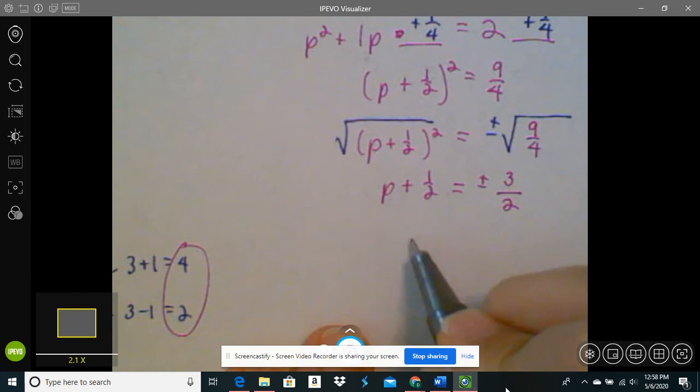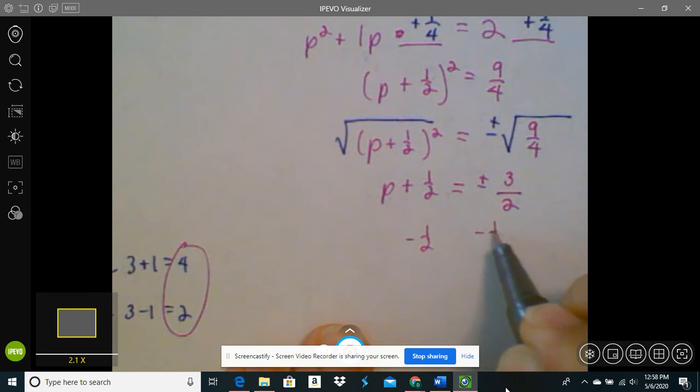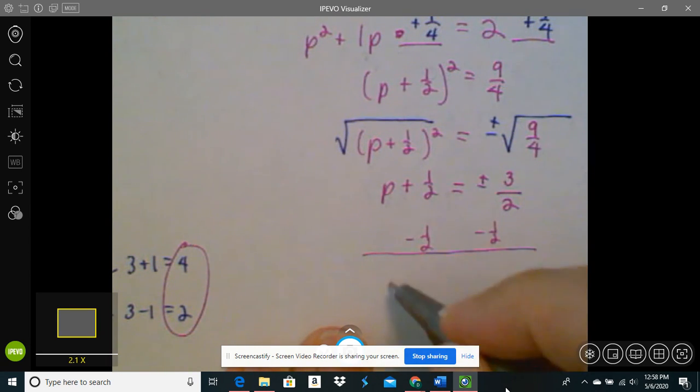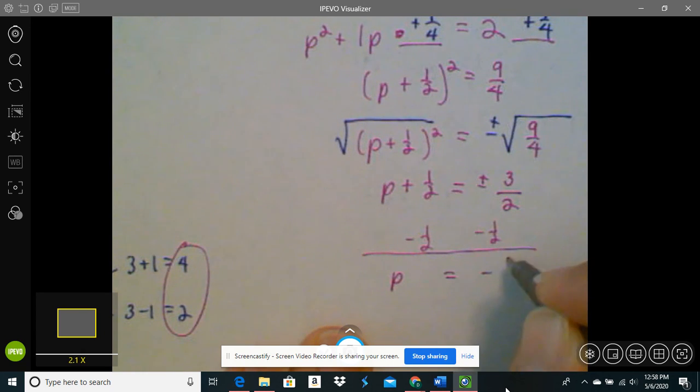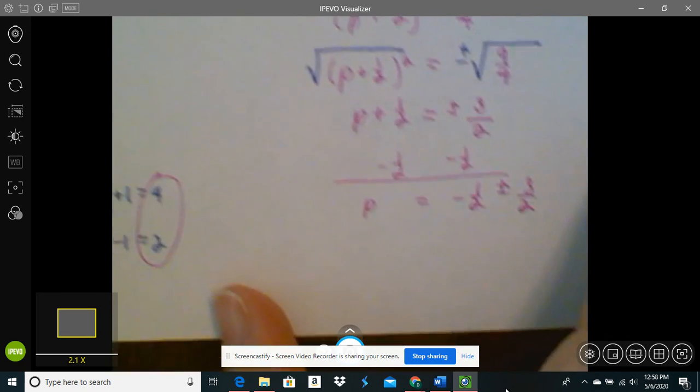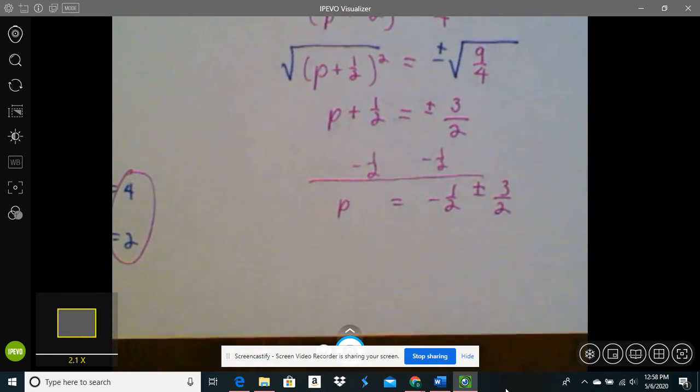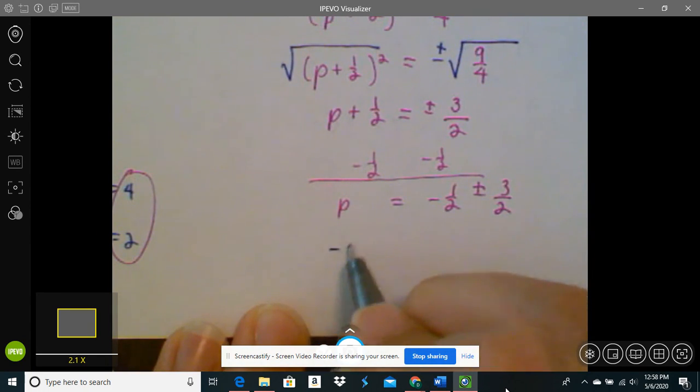Okay, now we're going to subtract the 1/2. So we get p equals negative 1/2 plus or minus 3/2. This one I'm actually not going to write the way I've been writing. I'm going to write it below so that you can kind of see it. You're going to say, oh my gosh, that's it. Yeah, that's it.